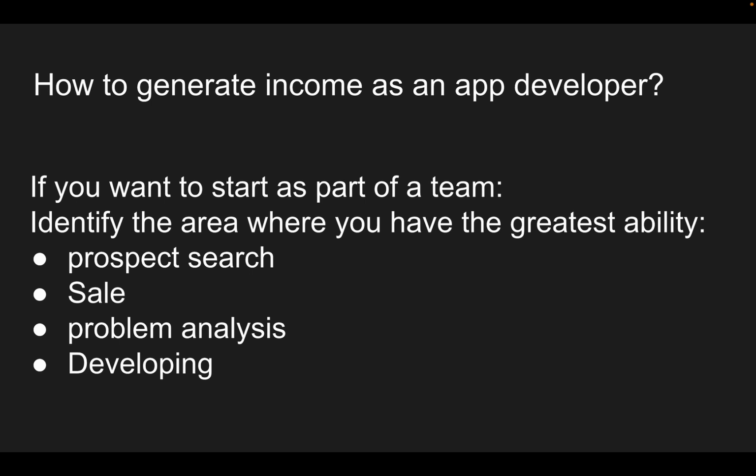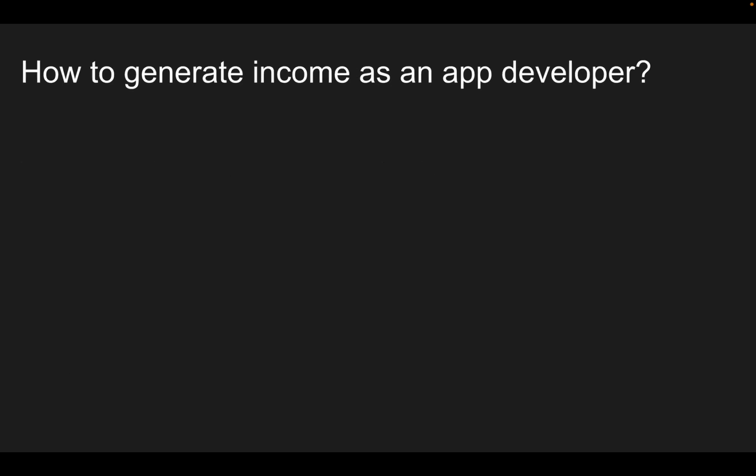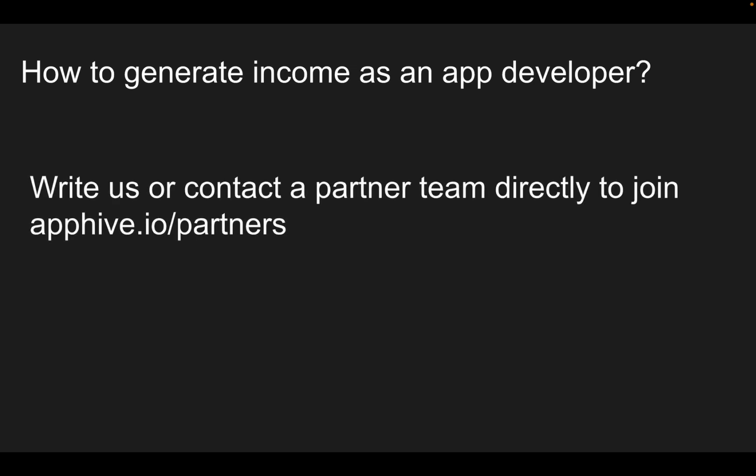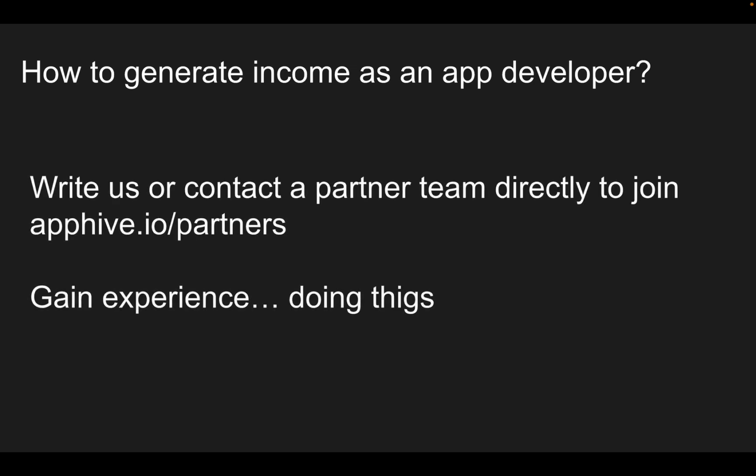So identify your strongest area, and then you can send us a mail or send a message to another partner, so you can join the teams that are doing what you do best.